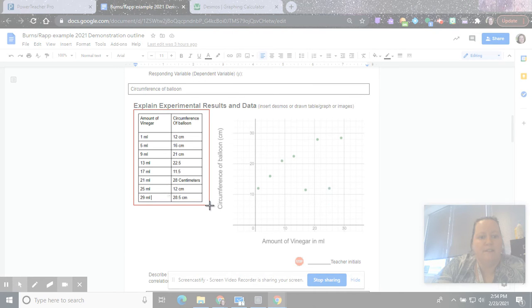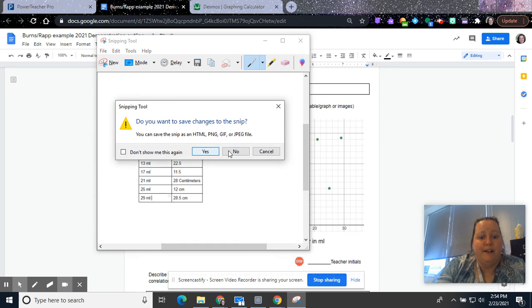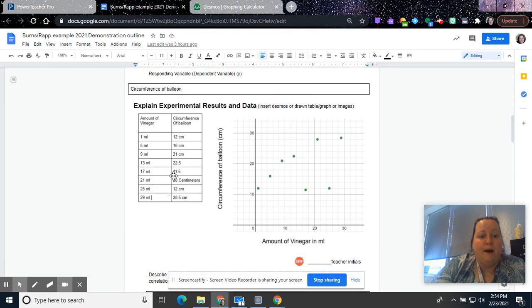I went to my table that we've made and I snipped it, copied, and pasted it right here. So I didn't have to worry about retyping. Then I used Desmos to come up with a graph. You can use Desmos if you want. That's not cheating. You can also graph it on paper, take a picture, whatever works for you.